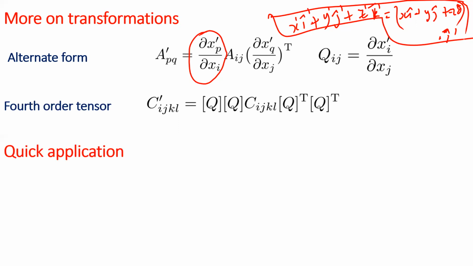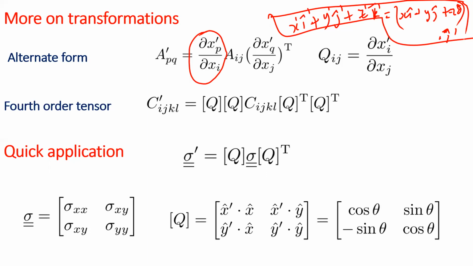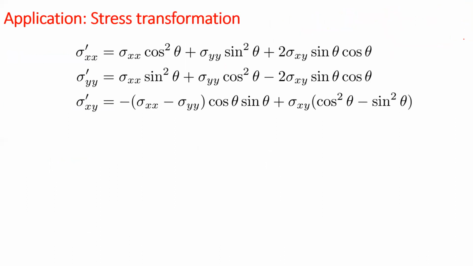What is a quick application that we can think of? Stress transformation, which we have seen often in mechanics of solids. So you might have used Mohr circle, but one can as well use this. For example, in a 2D problem, you have only 3 unique components of stress. And if you rotate the coordinate system, you can construct your corresponding Q matrix as this, and then identify the new components.